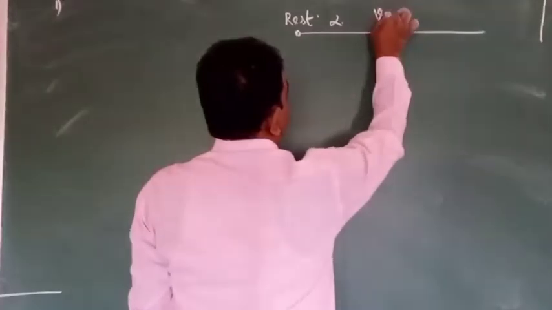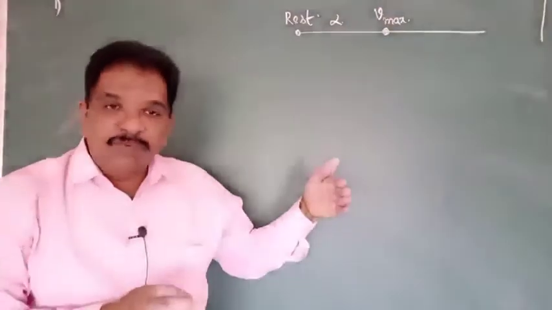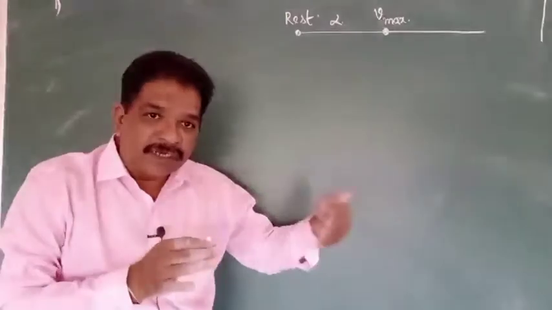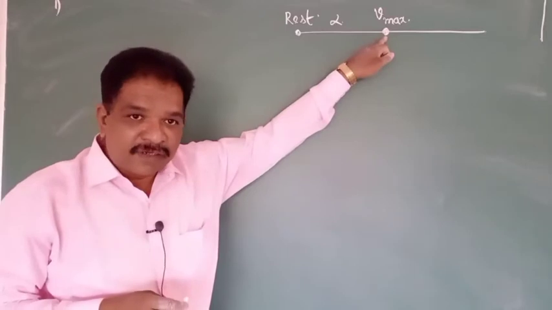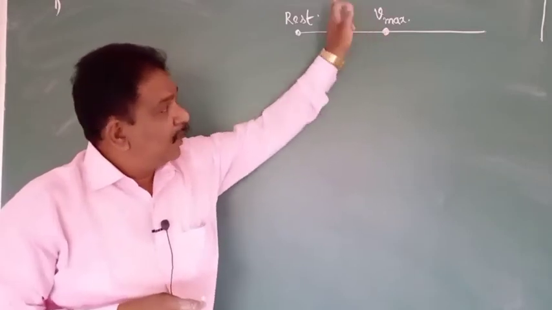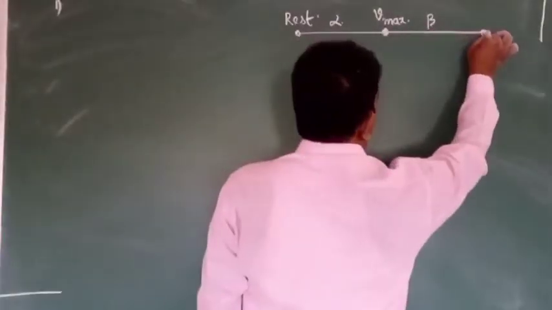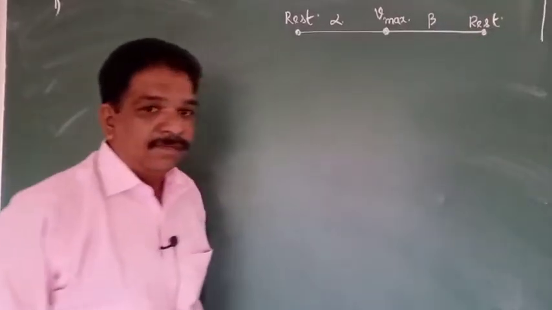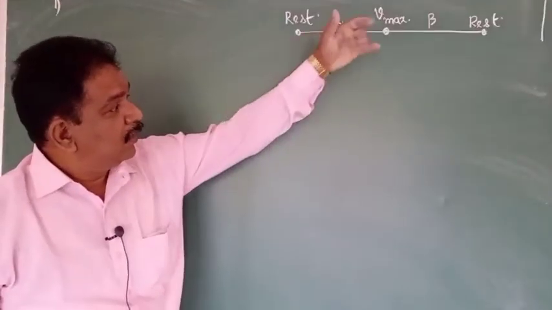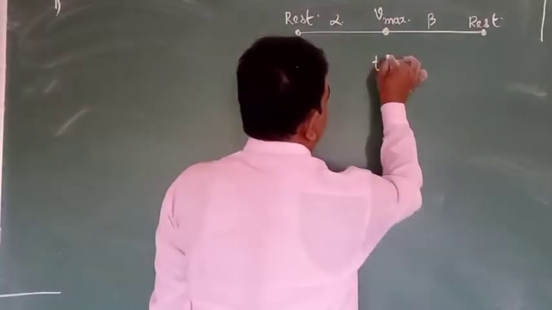Here velocity will be maximum. From some moment onwards it is retarding. When it starts retarding, at that time velocity will be maximum. Then it is retarding and finally it came to rest. The total time of journey will be t.